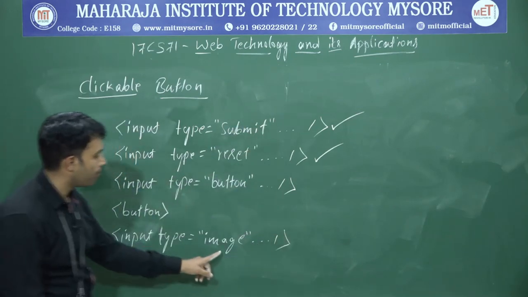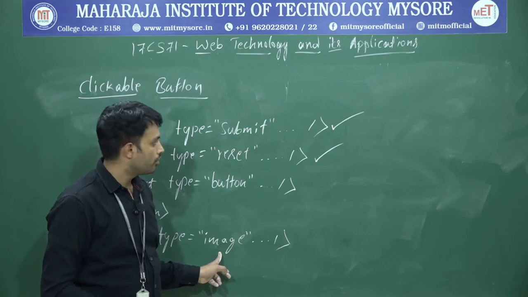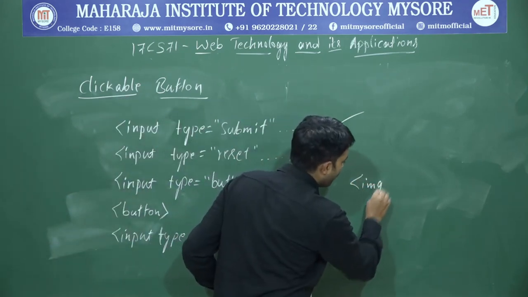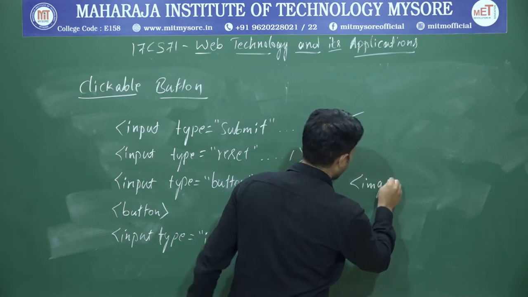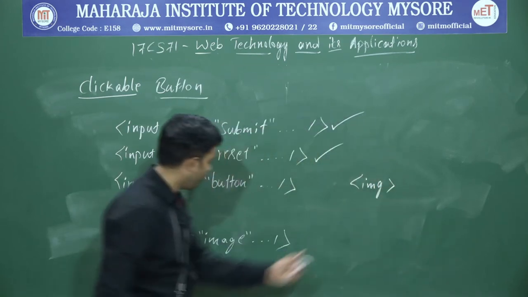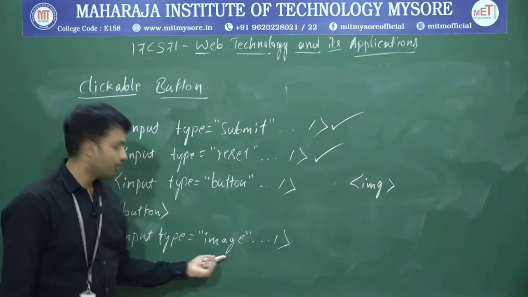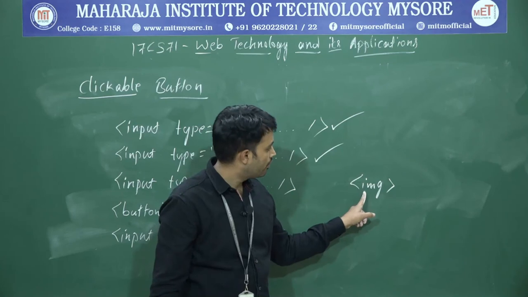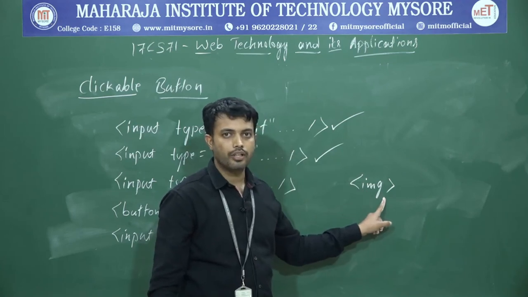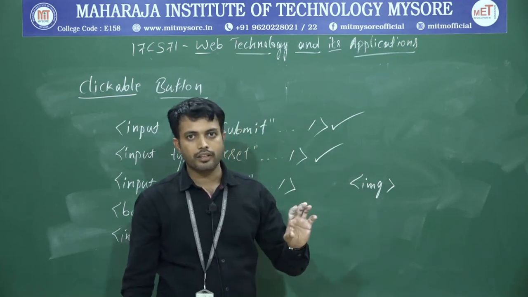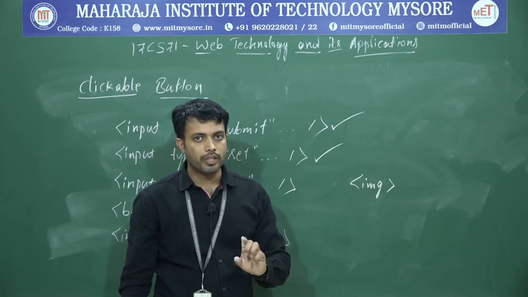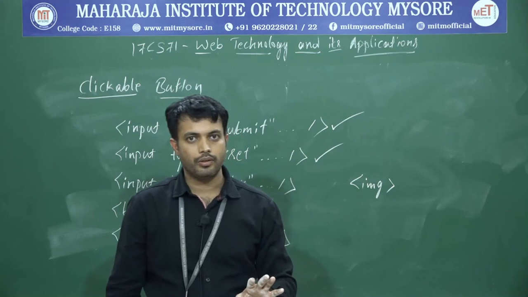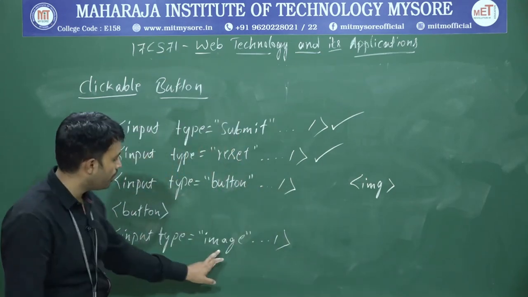The next one is the image button. There is a difference between the image tag and type equal to image. In order to display an image on a screen, we use the img tag, but if I click on that image, it doesn't do anything. What about type equal to image?